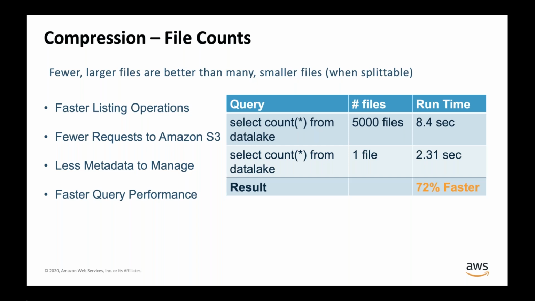So when there are many small files, you will see performance impacts. The more files there are, the more time it will take. The more requests that have to go through, the more metadata that's involved. So in this type of system, fewer larger files are better than many smaller files.